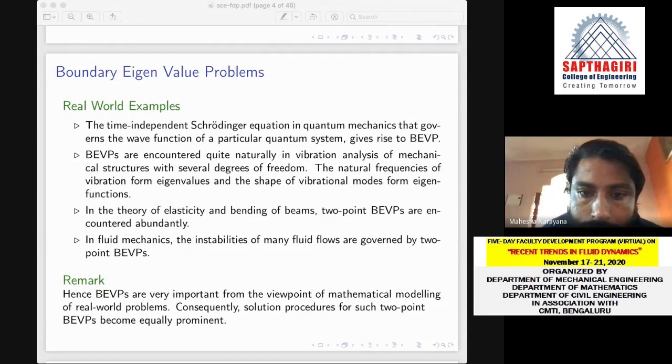So this presentation will highlight a simple but elegant technique which can be effectively used to solve such boundary eigenvalue problems subject to general boundary conditions arising in various applications. And in particular, as I told earlier, I'll be choosing a problem from the fluid flow instabilities in order to highlight the proposed method.